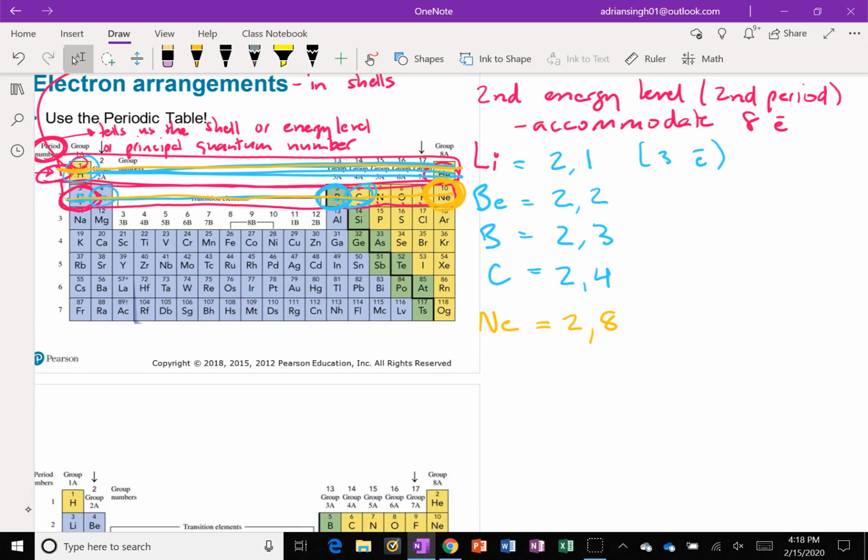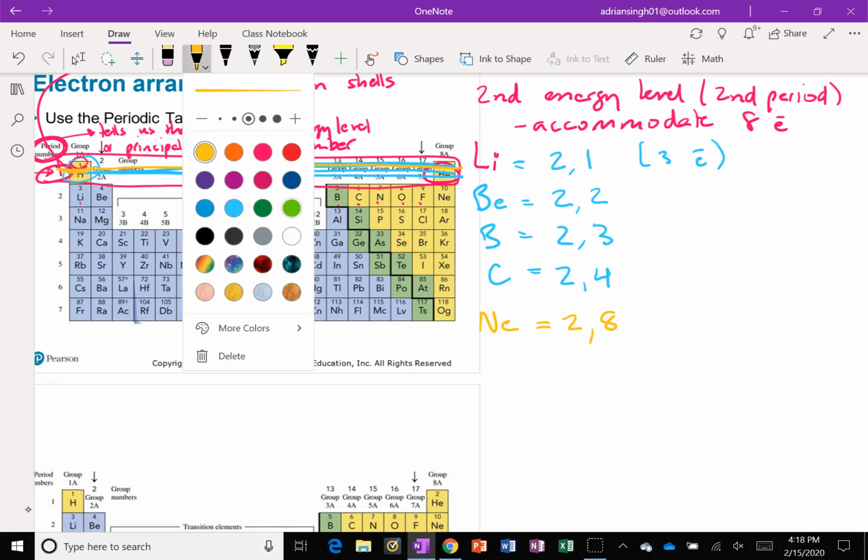Then we get to our third energy level, which is the third period. And if you can see, the third energy level also has 1, 2, 3, 4, 5, 6, 7, 8 electrons that it can accommodate. So if we choose something like chlorine, chlorine would be right here.